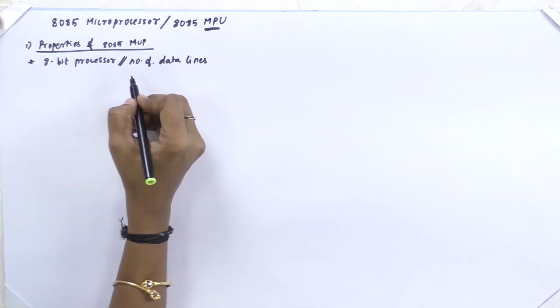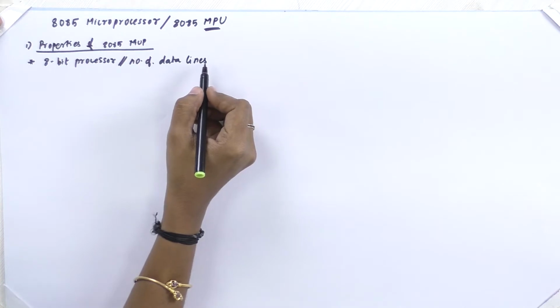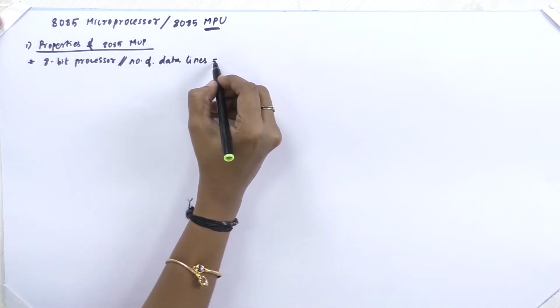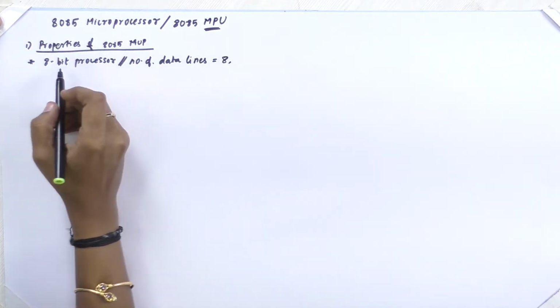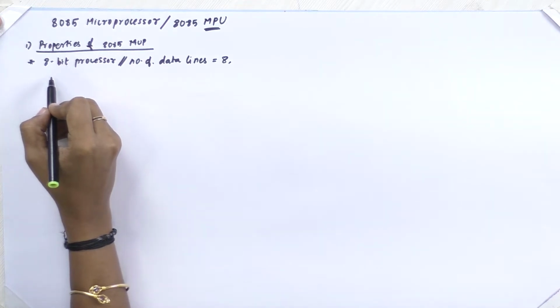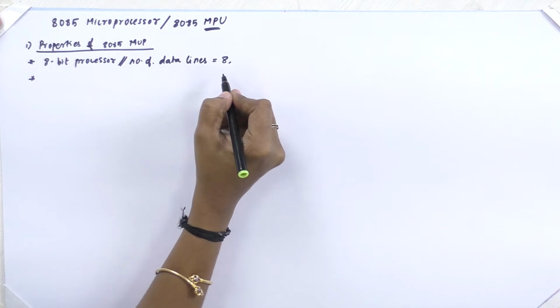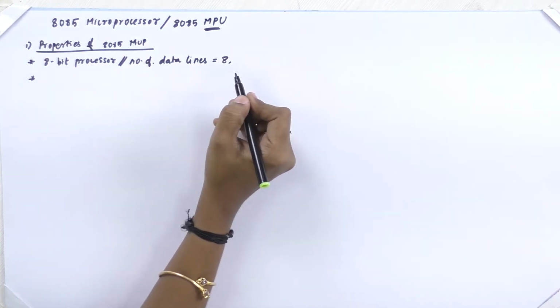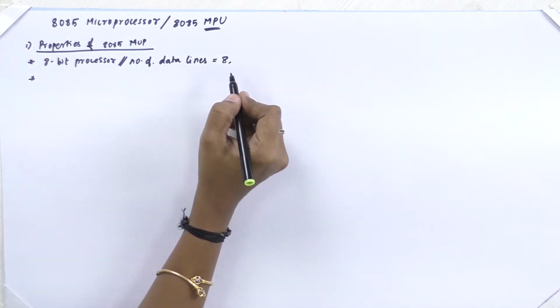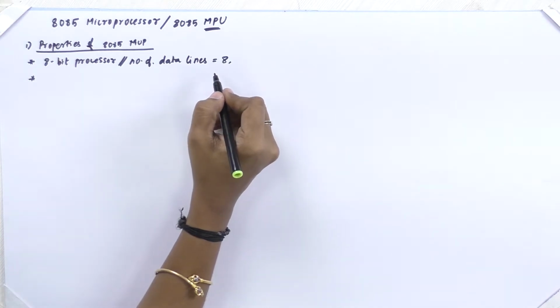Since the number of data lines present in the 8085 is 8, it is able to process data of up to 8 bits. For example, the 8086 microprocessor is a 16-bit processor because the number of data lines in it is 16. In 8085 the number of data lines is 8, hence it is called an 8-bit processor.